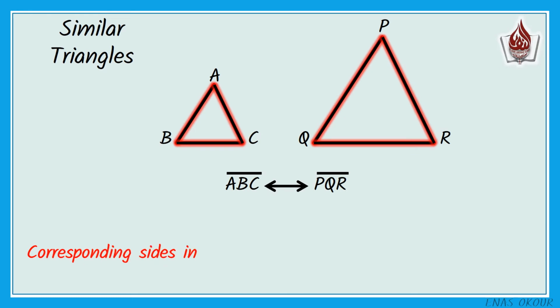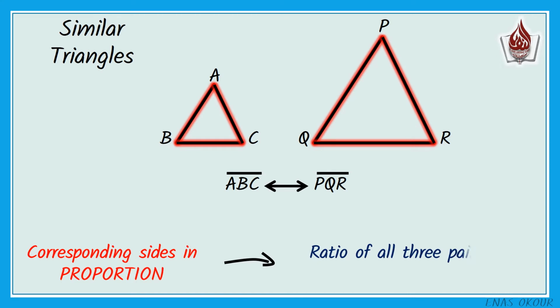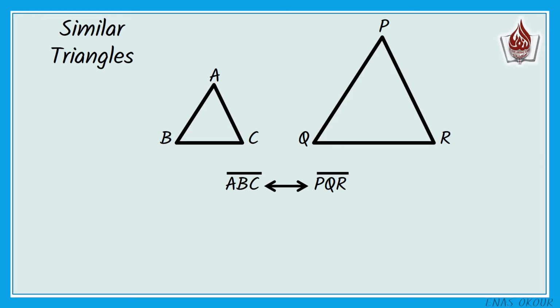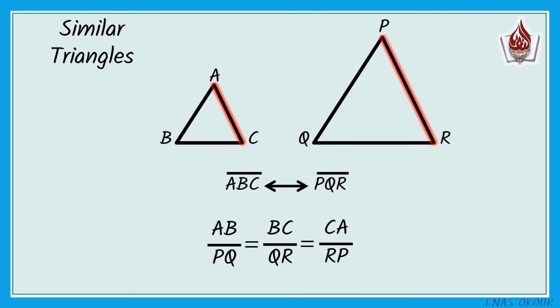Corresponding sides in proportion means the ratio of all three pairs of corresponding sides will be equal. The ratio of AB to PQ will equal the ratio of BC to QR will equal the ratio of CA to RP.